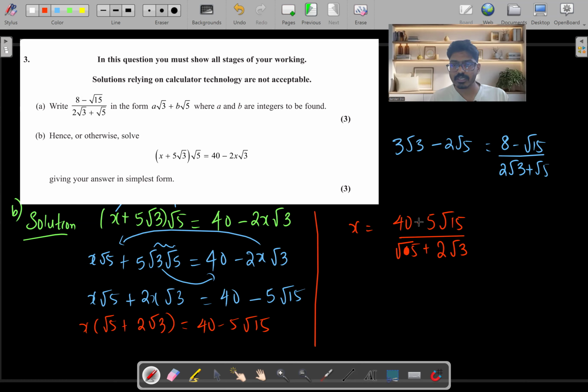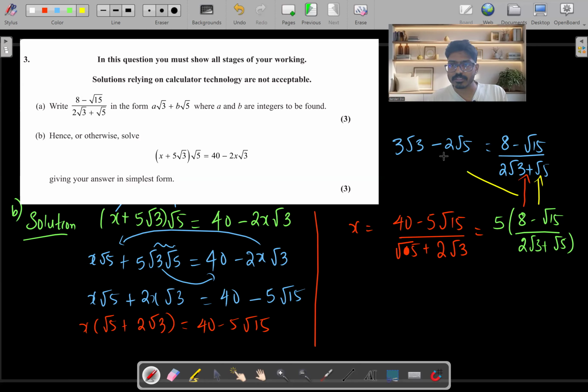If I take 5 common, if I divide it by 5, I can get 8 minus root 15 upon 2 root 3 plus root 5, which is same as the answer above. Okay, so you can see which is same.